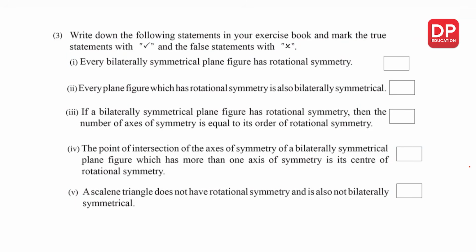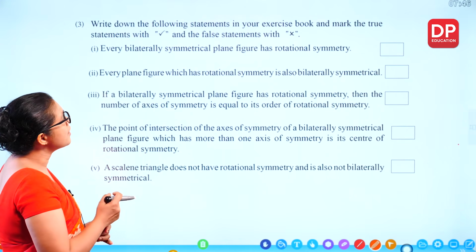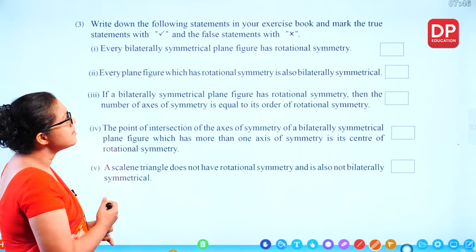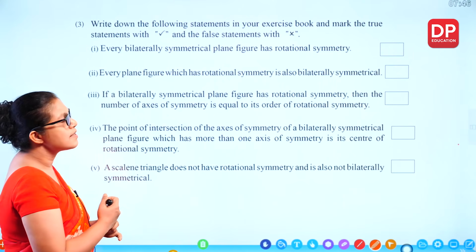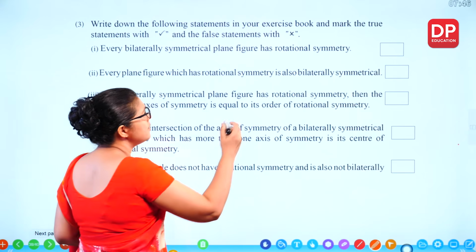Write down the following statements in your exercise book and mark the true statements with the correct symbol and the false statements with the wrong symbol. Every bilateral symmetrical plane figure has rotational symmetry. What do you think? Take the isosceles triangle.